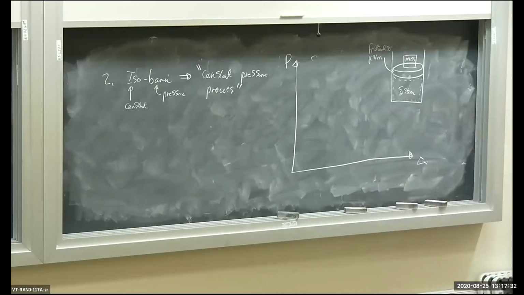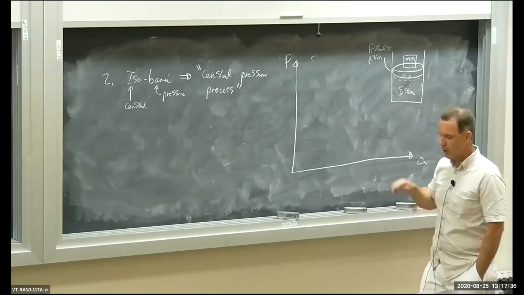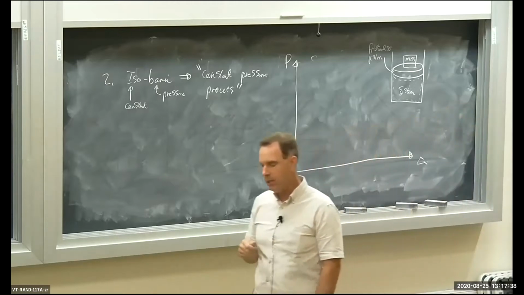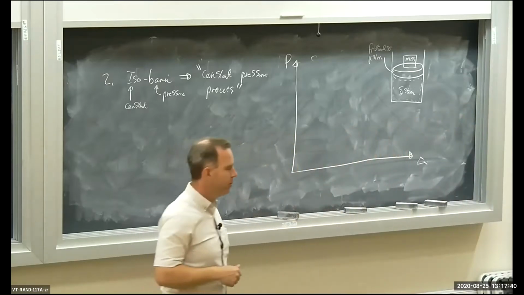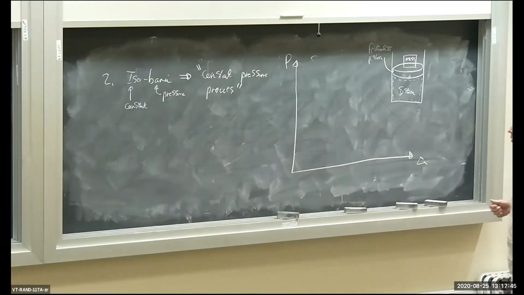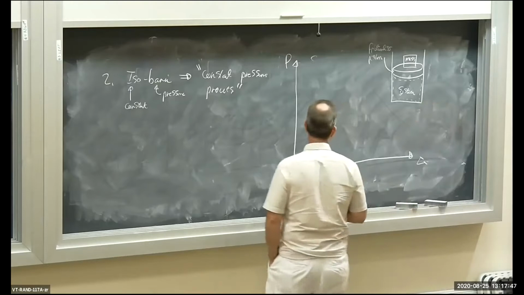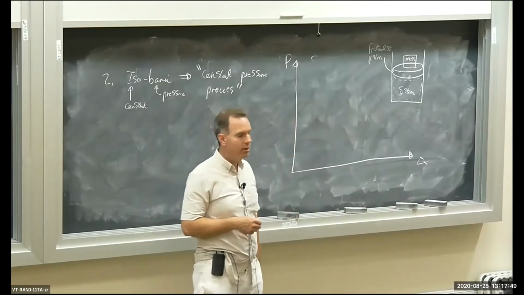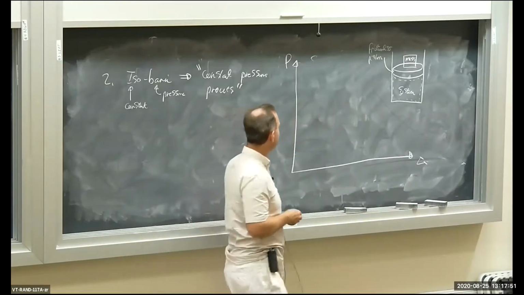There's no friction between the piston and the cylinder. And if I stick a mass on top of the piston, that applies a weight and produces a pressure inside of the piston cylinder device. So it will be a constant pressure due to the presence of the mass.